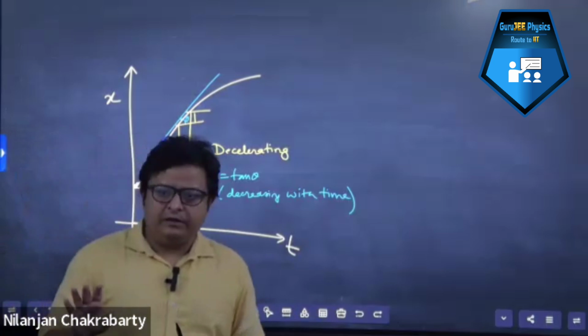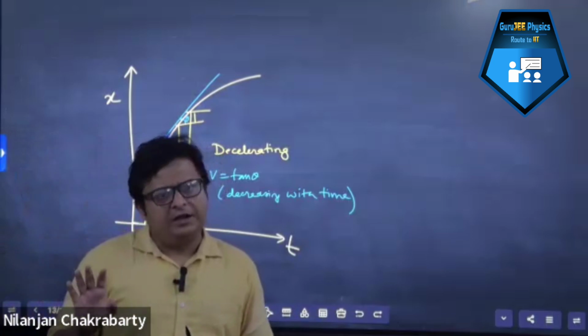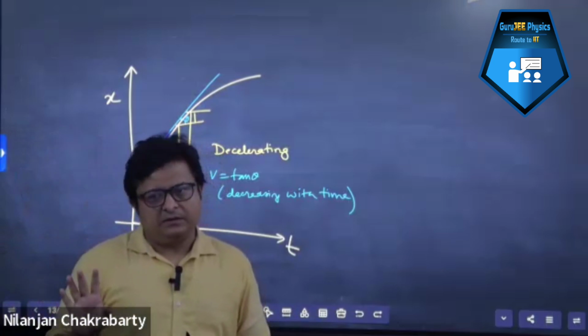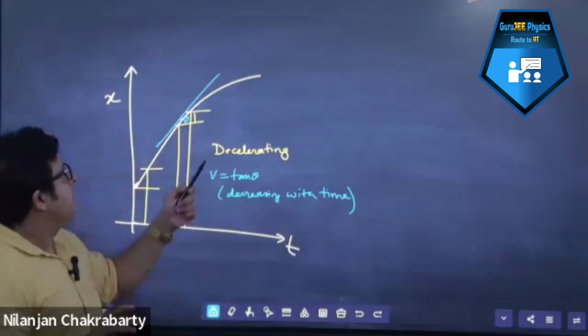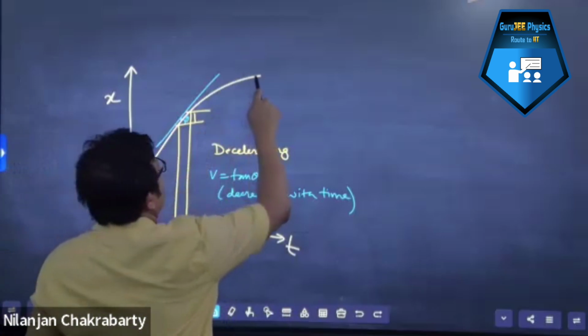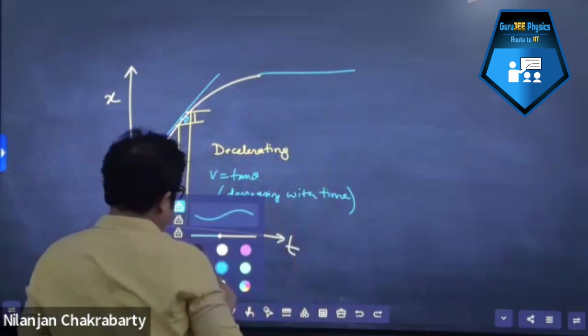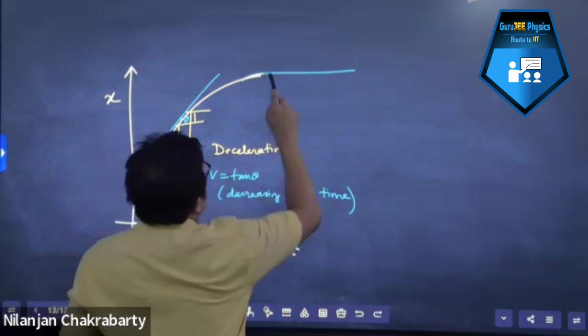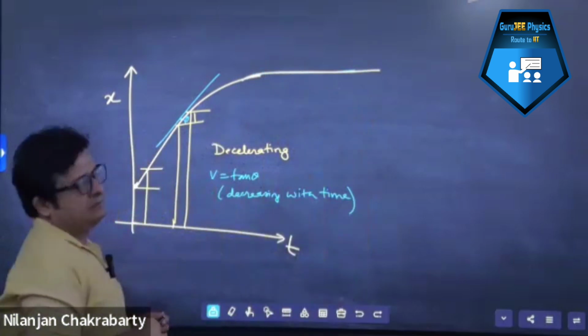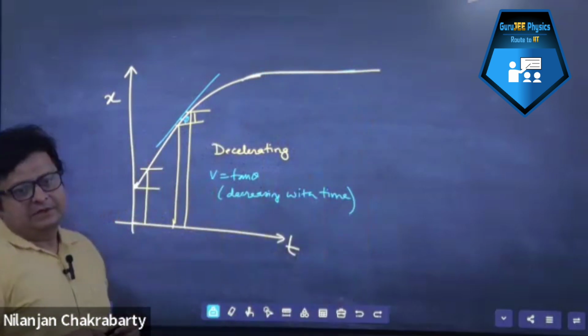See, velocity at the top point is how much? If I draw the graph like this, what does it represent? What is the velocity here?